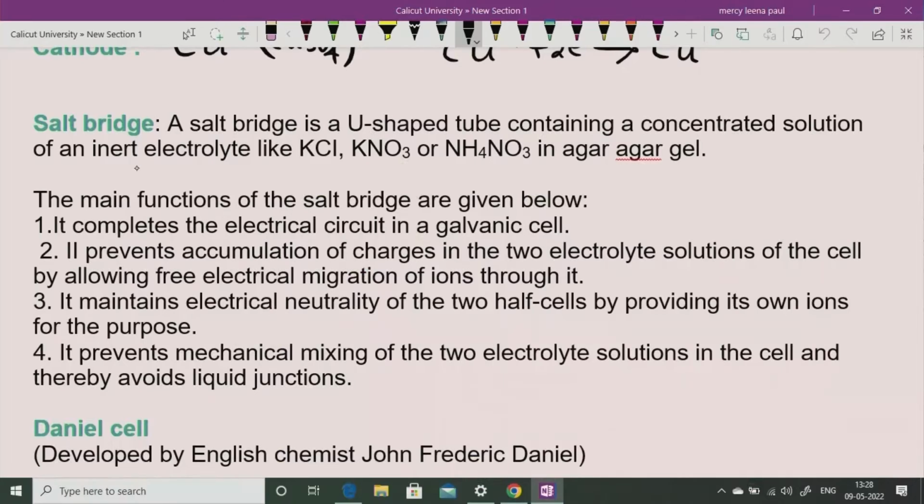And the main functions are: it completes the electrical circuit in a galvanic cell, as we have seen, otherwise there will be charge accumulation. It prevents the accumulation of charges in the two electrolytic solutions. It allows the free migration of ions through it, and it gives electrical neutrality in the two half cells.